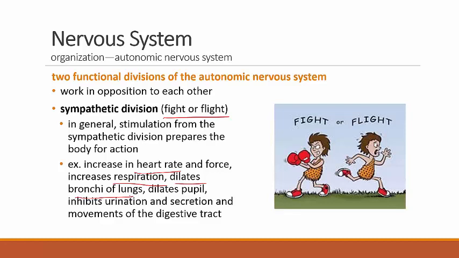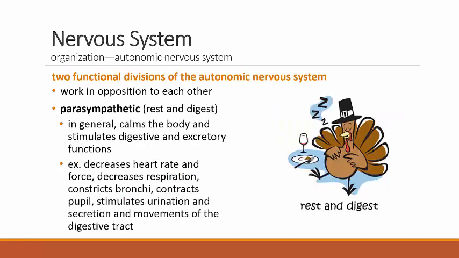And we turn off some of the functions that we don't need. If you're running from a grizzly bear, it probably doesn't make a lot of sense to put body resources toward digestion. You may not survive in order to digest the meal that you've eaten. So first job is to run like heck to get out of there, and then you can worry about digestion.